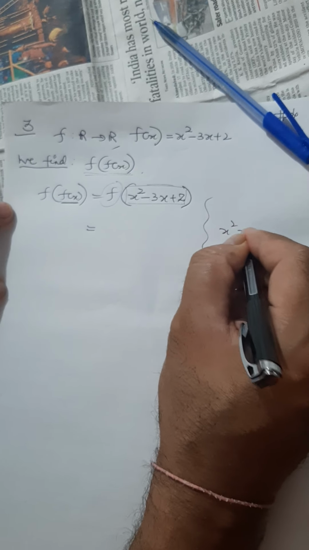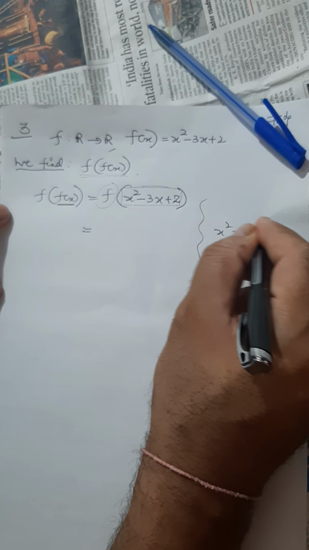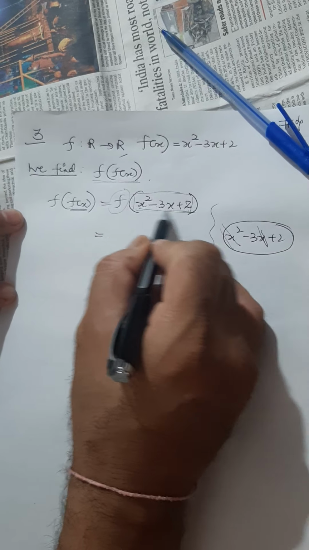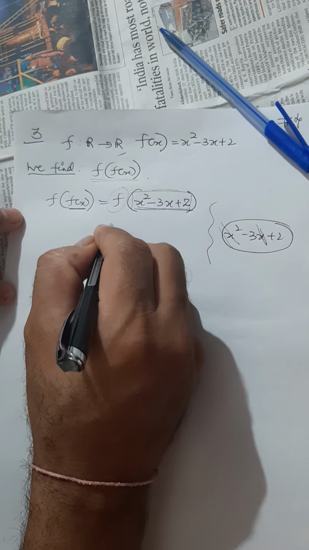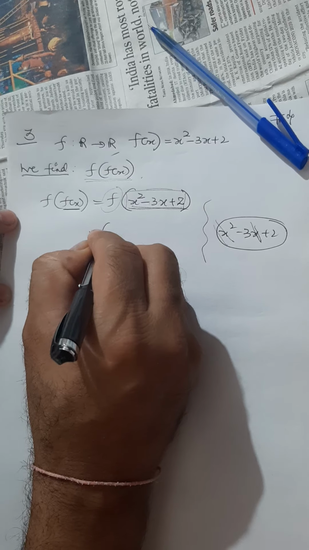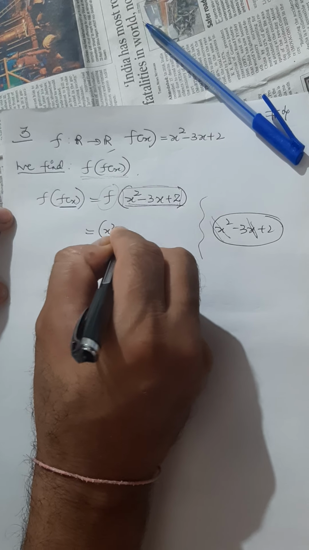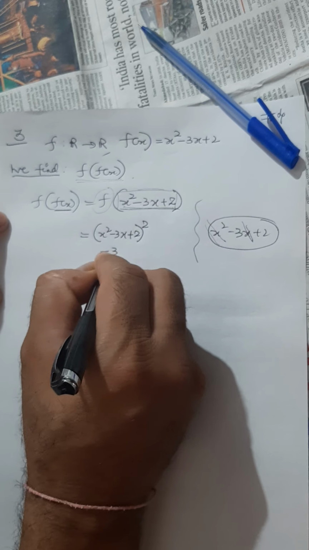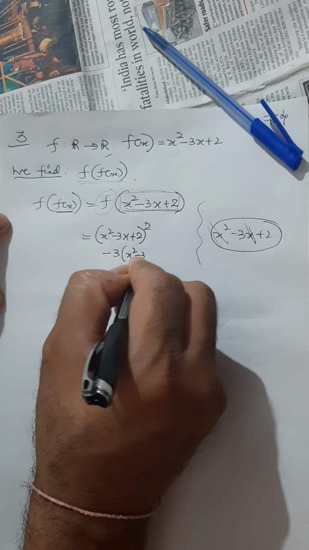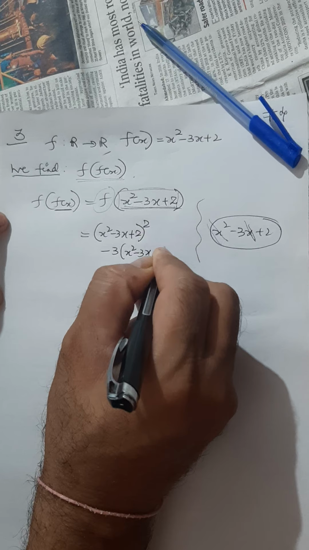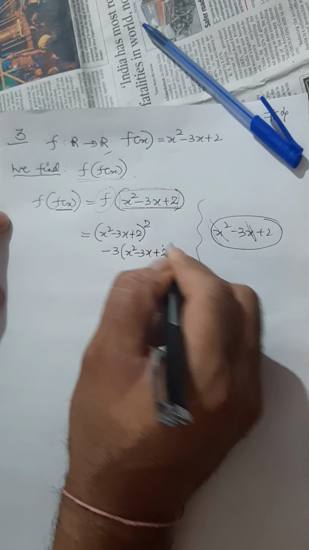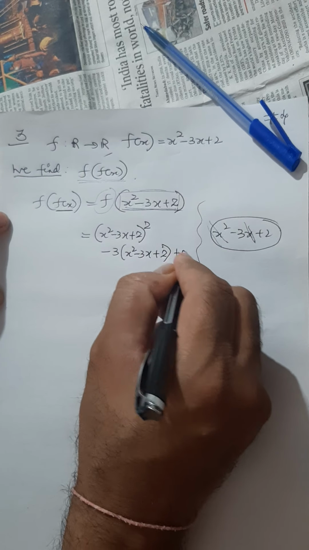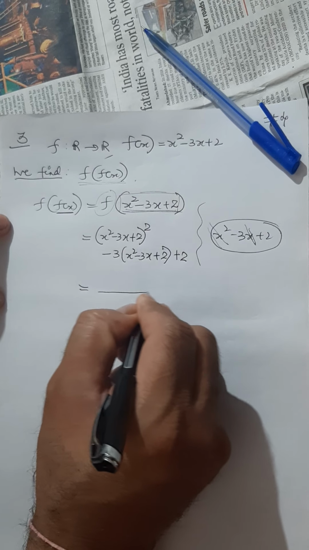That is x square minus 3x plus 2. So in this, in place of x, you write this inner expression. So this would be x square minus 3x plus 2 the whole square minus 3 into x square minus 3x plus 2, and plus this 2. Now you simplify, this is your answer.